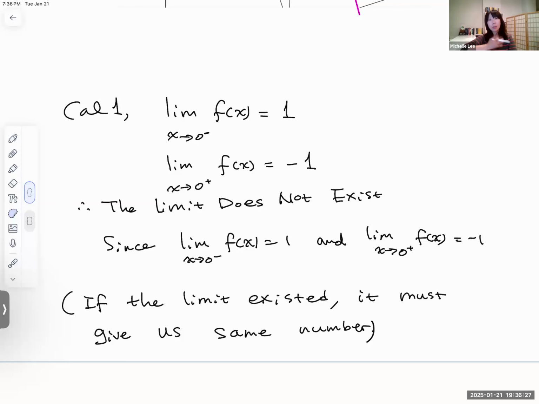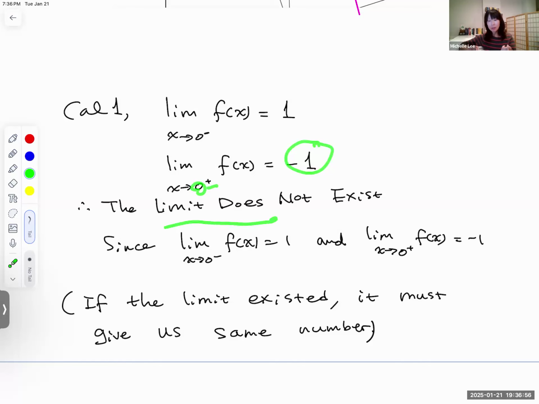All right, so in calculus 1, when you find the limit, if we get different answers from the left and the right, then we say the limit does not exist. So I have this one: 0 from the left, we get 1, 0 from the right, we get -1.